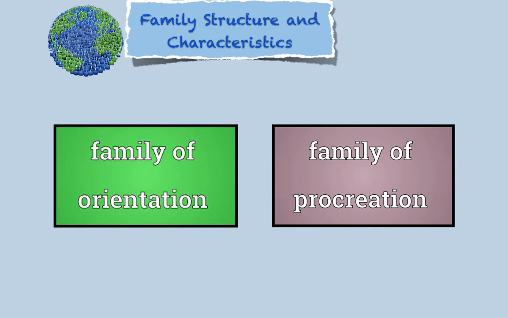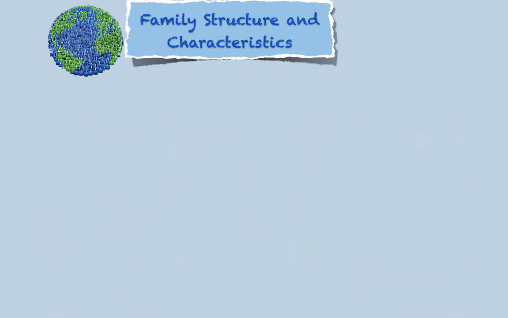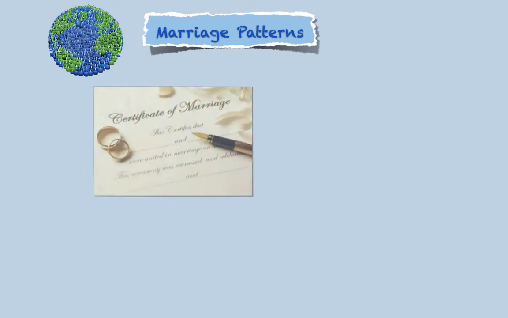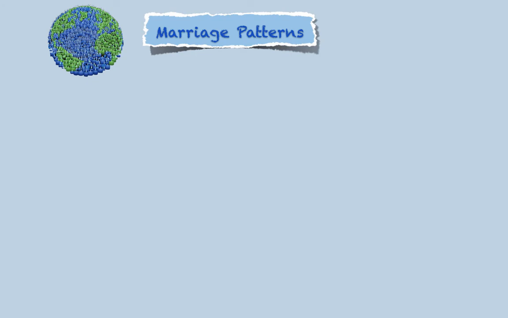If we look at marriage and its different forms, or marriage patterns, we look at marriage, which is a legally recognized and or socially approved arrangement between two individuals that carries certain rights and obligations and usually involves sexual activity.